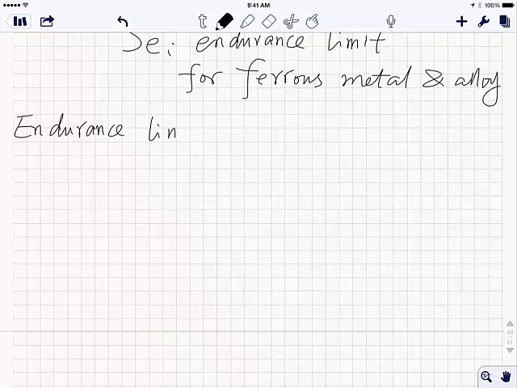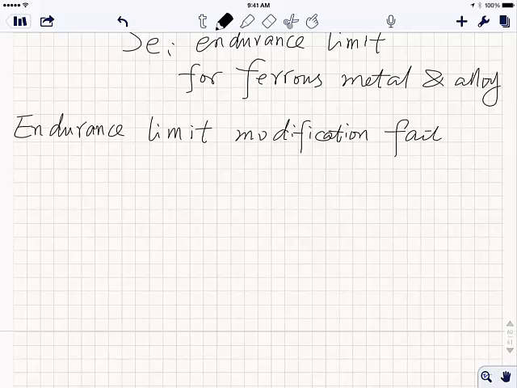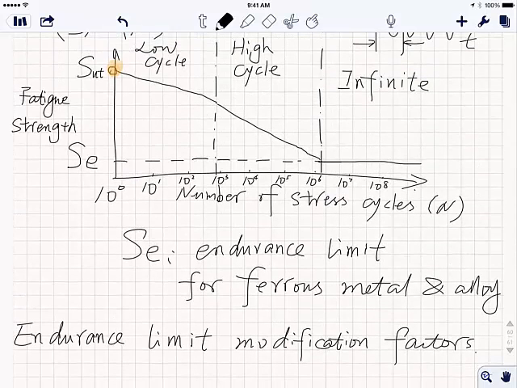We know endurance limit is important by looking at this plot over here. It tells you what dynamic stress you can apply before it fails. If you want to have a shaft, for example the shaft in your car, it's going to have, so to speak, infinite life. You don't want your axle to break or something, so you have to consider the endurance limit.